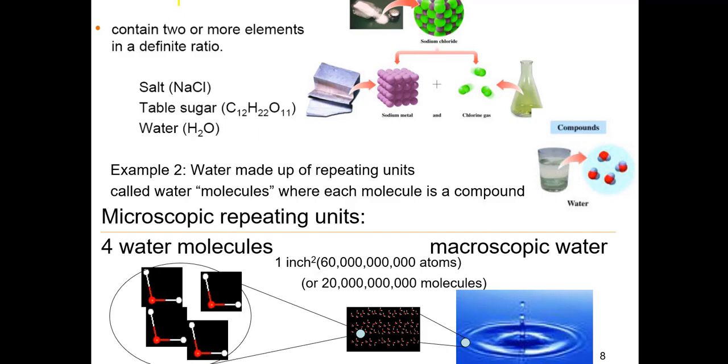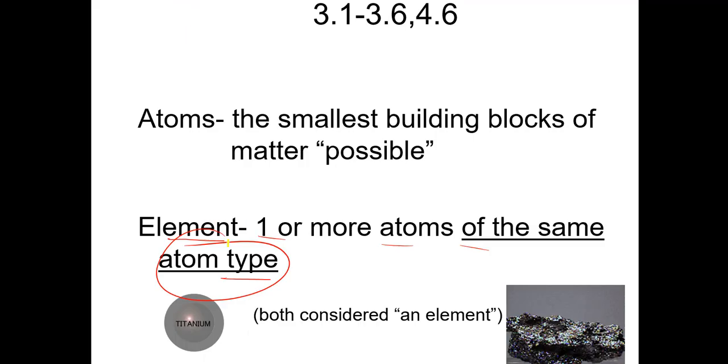Now let's look at the word element. So element means one type of, or one substance that has the same atom type. So in this case, I could have a single titanium atom, and that's an element.